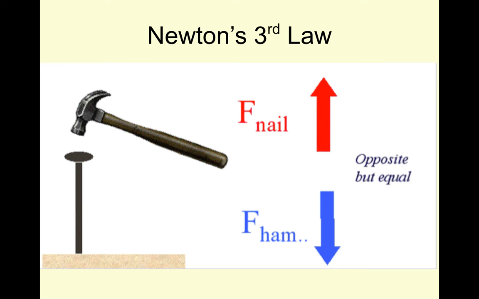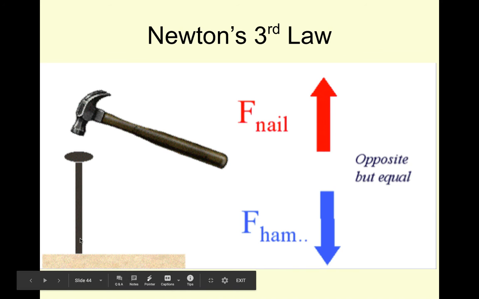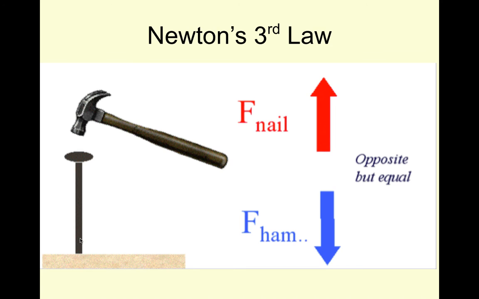But then how in the world could you ever drive a nail into a wall? Because if I hit a nail with 10 newtons of force, the nail is hitting me with 10 newtons of force. Well, then why don't they just hit and stop? Well, if it was a flat nail, if the bottom was flat and blunt, as we call it, then the nail wouldn't go in. You probably had a bent tack and couldn't get it in there.